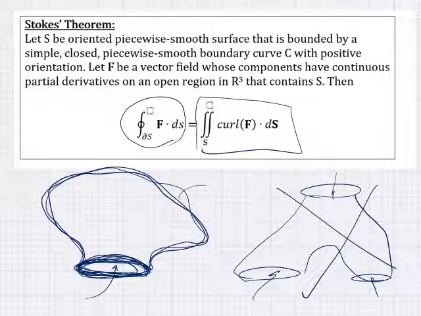Now, the problem with this for us is that it would require us to learn how to do surface integrals, which again would take multiple classes to get into, and we just don't have the time to do that this semester. But talking about Stokes' theorem, I think, is just as important, in that we don't directly integrate the vector field over the curve.